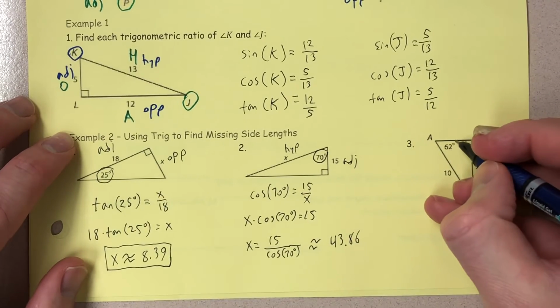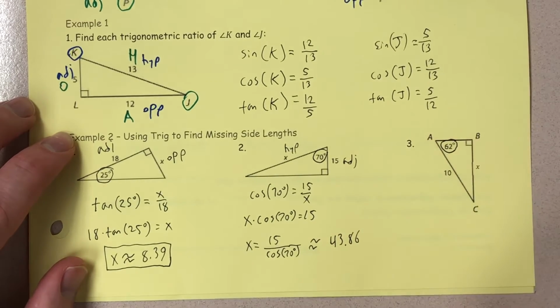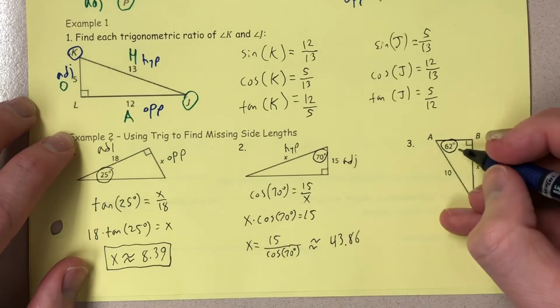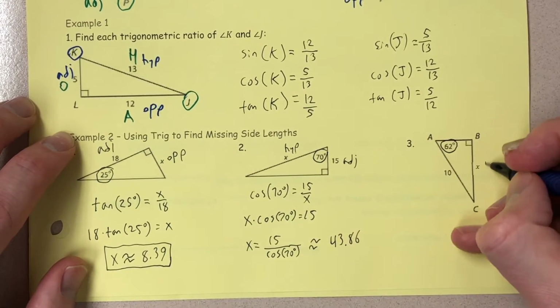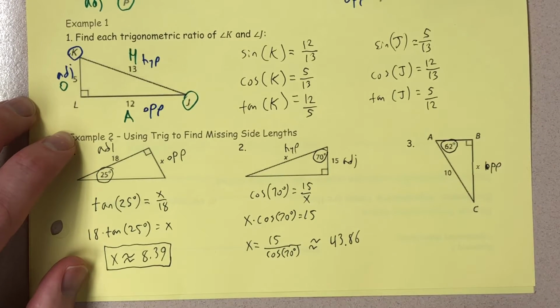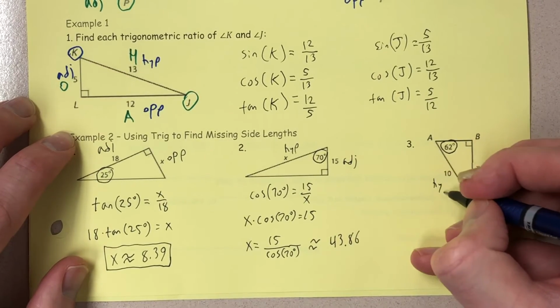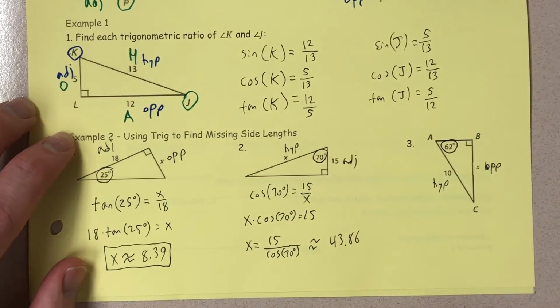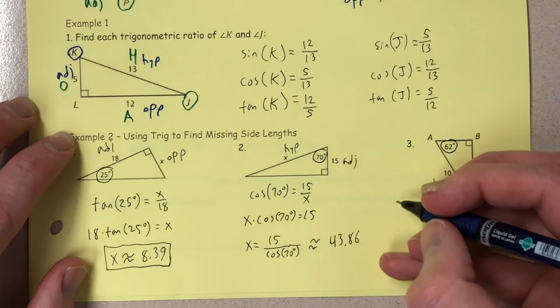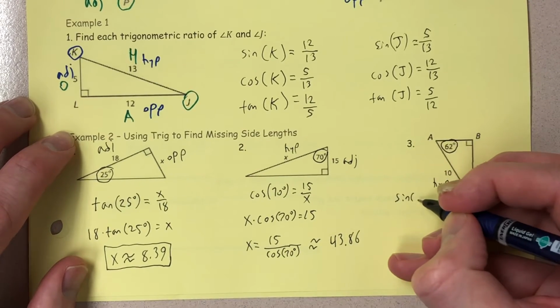So our final triangle here has 62 degrees as our angle, and x in this case is our opposite. So x is our opposite, and 10 is our hypotenuse. So with an opposite and a hypotenuse, we know we'll need to use the sine function.